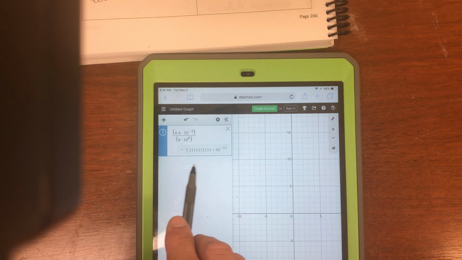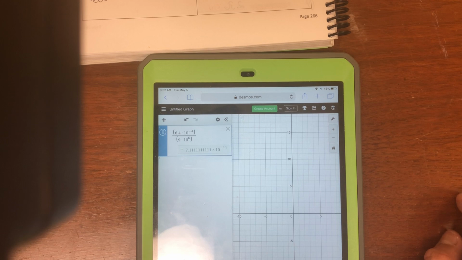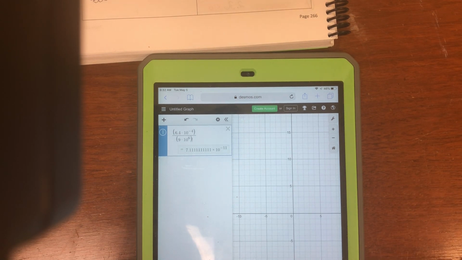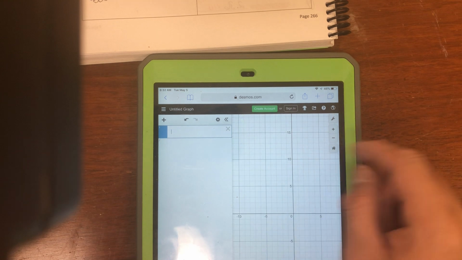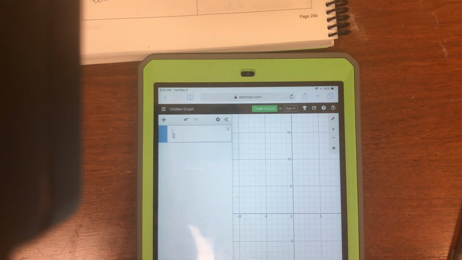And I end up with this really weird scientific notation. Oh, wait, I'm sorry, we're doing the wrong one. That's number 8. We're supposed to be doing number 6. Let's try that again.